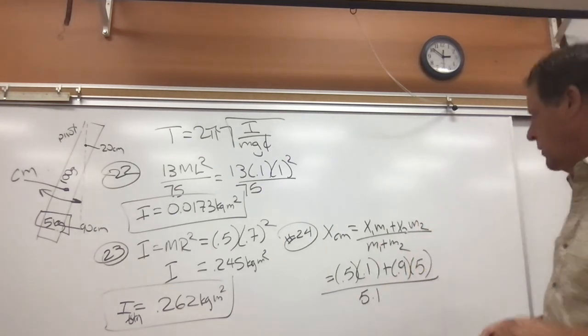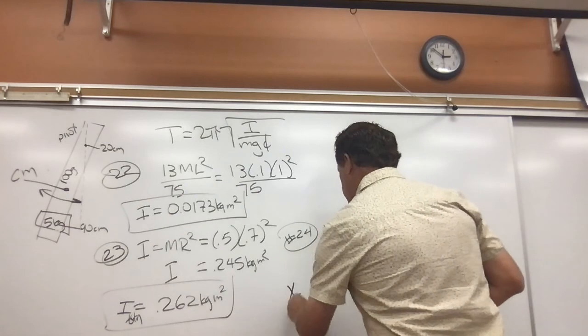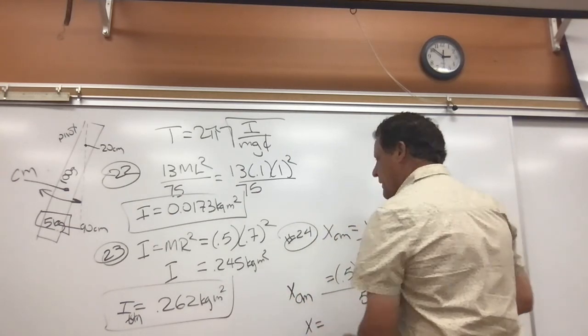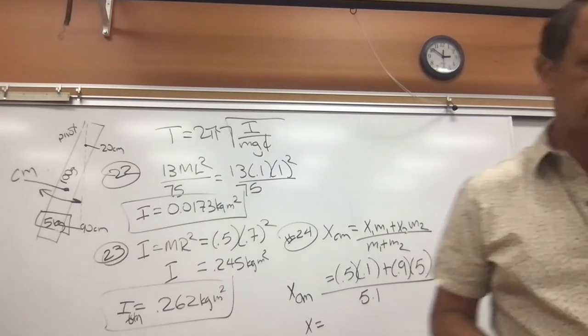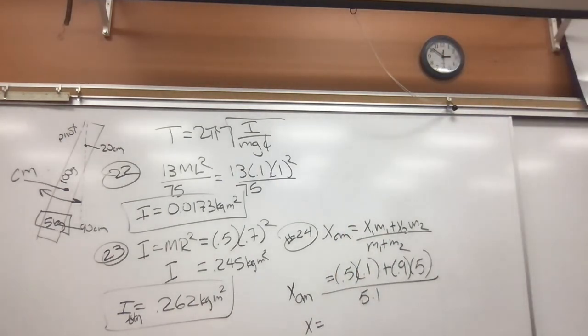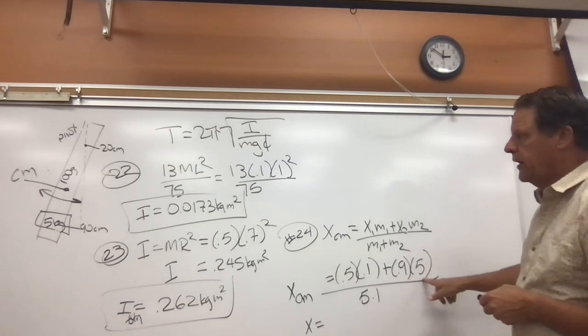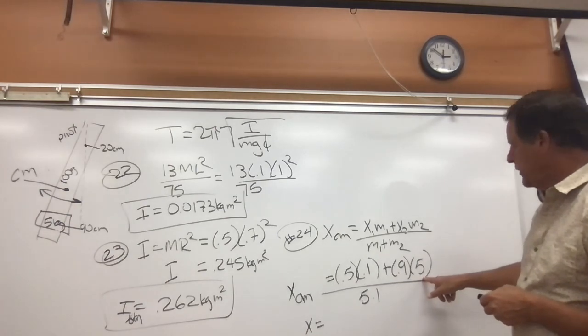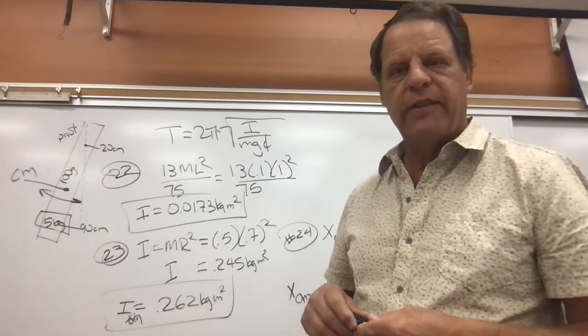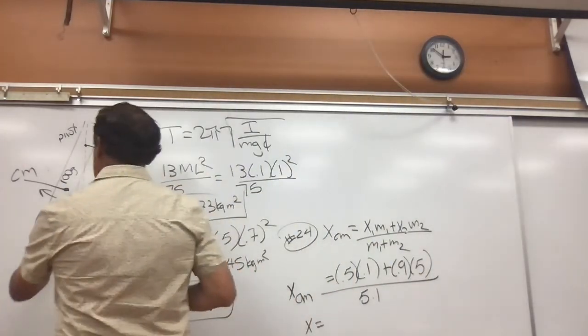Okay, so our X center of mass is going to be at, you guys, I messed that up. This was not 5 kilograms, it was 500 grams, not 5 kilograms.